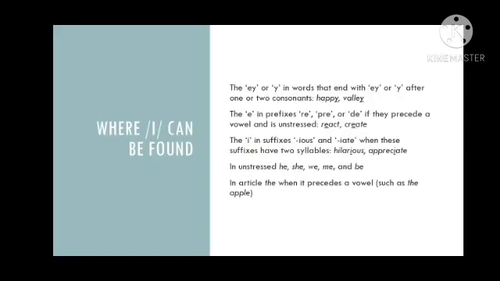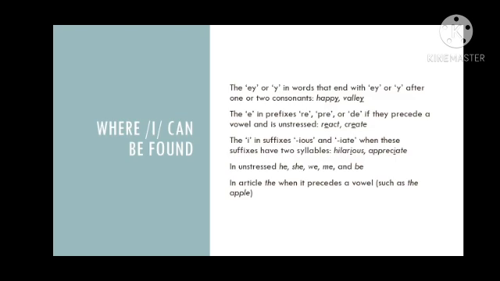So where can i be found? The first, the i in words that end with y or ey after one or two consonants, such as "happy" and "valley". The second, the i in prefixes re, pre, or de if they precede a vowel and are unstressed, such as "react" and "create".